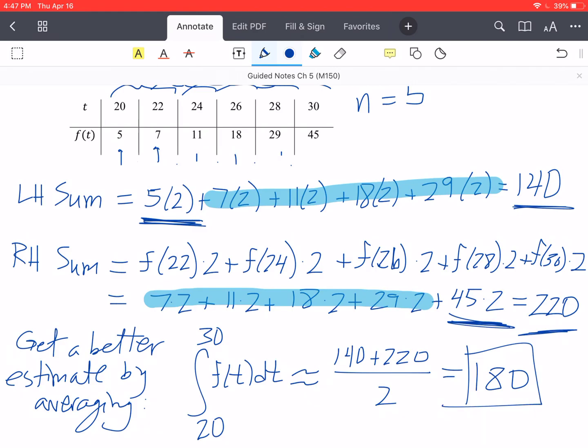With data points like this, that's pretty much the best we can get. So this is as good an approximation as we can get at the moment. And we'll see again in the future how we'll be able to get better approximations.